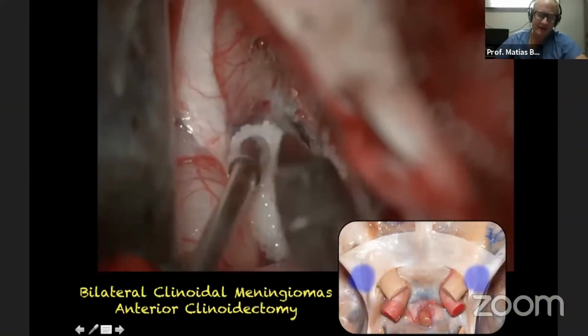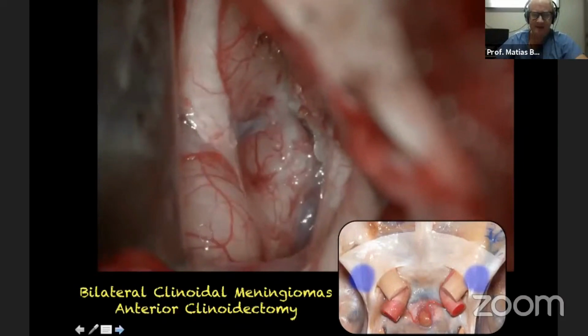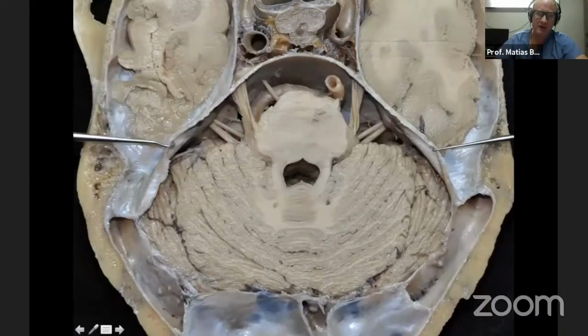The objective of this relation between the importance to learn the microsurgical anatomy is to demonstrate that if you work hard in the laboratory, you can perform good and excellent procedures with our patients.